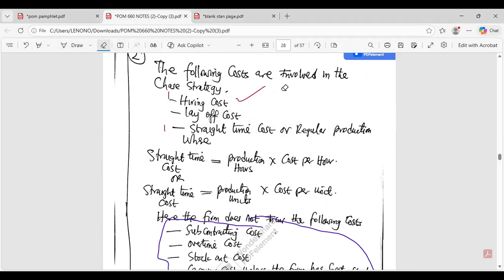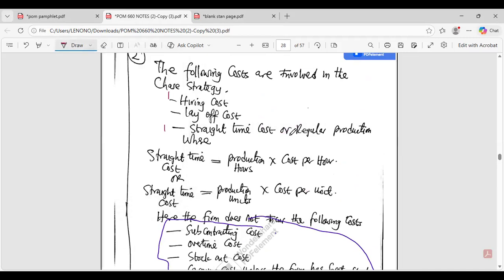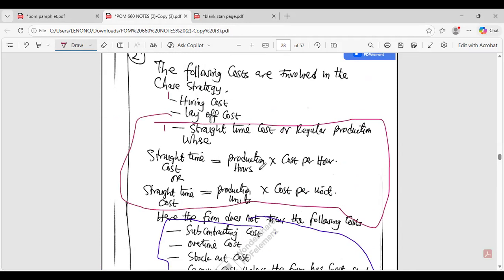I don't know if you see these ones, right? These ones here. Straight time cost is the same as production units multiplied by cost per unit, or production hours multiplied by cost per hour. Is that clear? Is that okay?